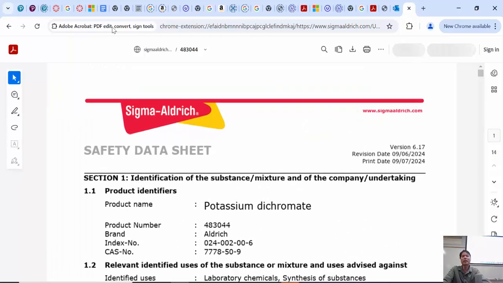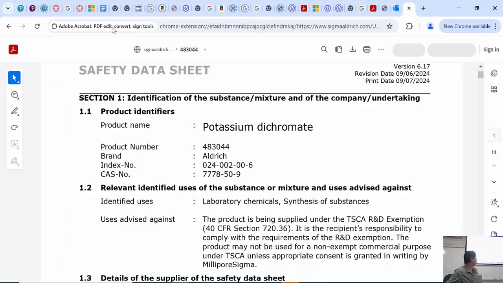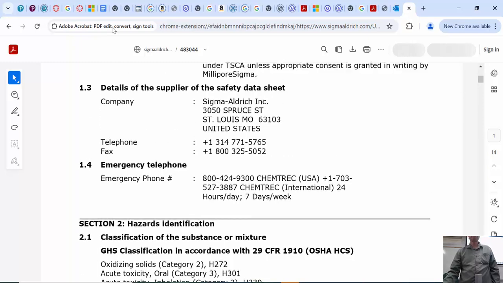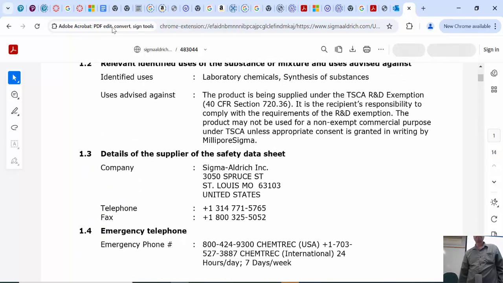So a common compound is potassium dichromate. And this talks about its chemical reactivity and safety. Here, there's an emergency telephone number.